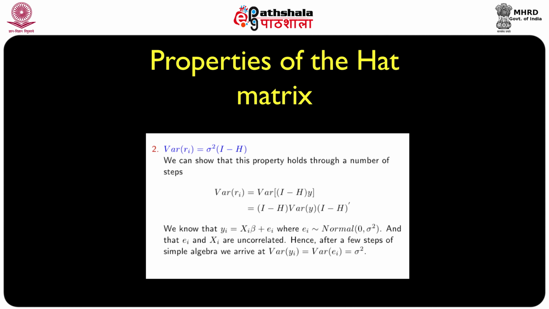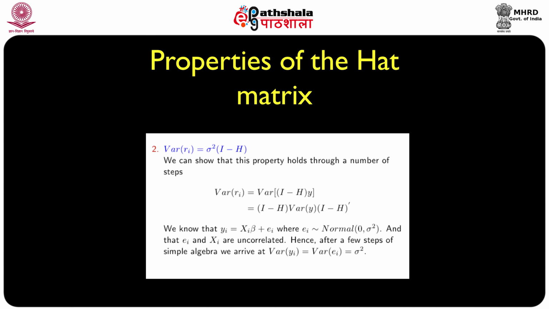And finally, the last property of the hat matrix: the variance of the residuals is given by sigma square times (I minus H). We can show that this property holds through a number of steps.